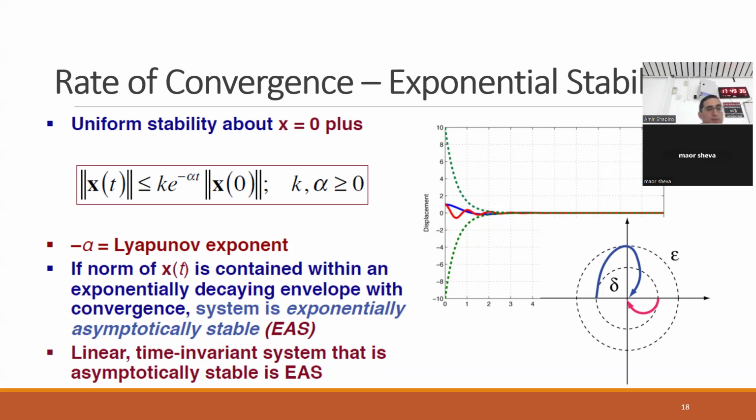Linear time invariant systems that are asymptotically stable are always exponentially asymptotically stable, because the solution of a linear system, as you learned in the control course, is actually something like that with a decaying exponent.